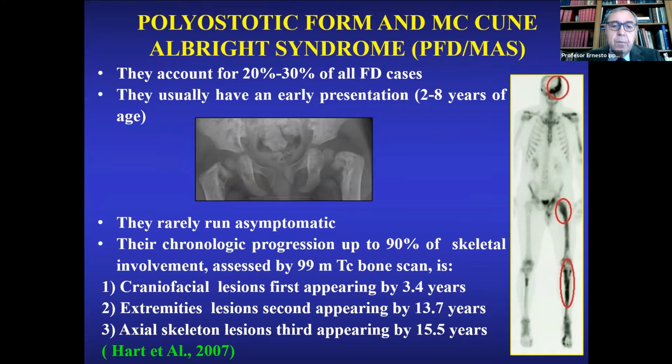The second appearing are the extremities lesions by 13 years of age, and the last appearing lesions affect the axial skeleton by 15 years of age.